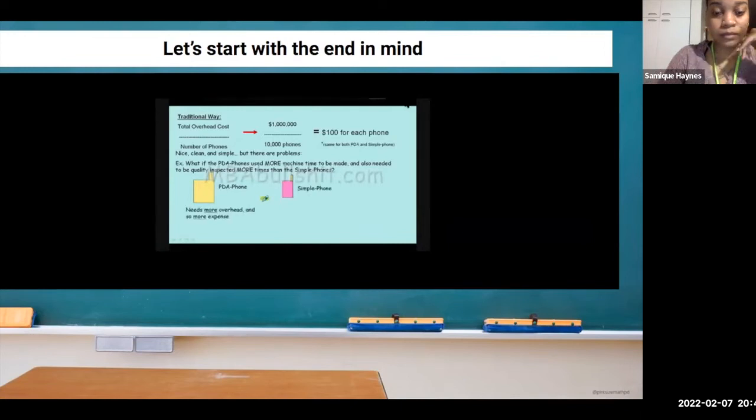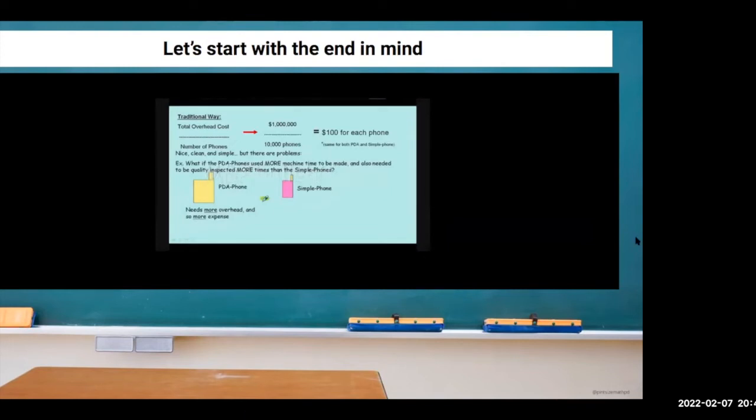Well, in this case, the PDA phone needed more overhead, and so therefore it should also have more expense. The PDA phone used the machine more, so it should pay for more of the machine maintenance.